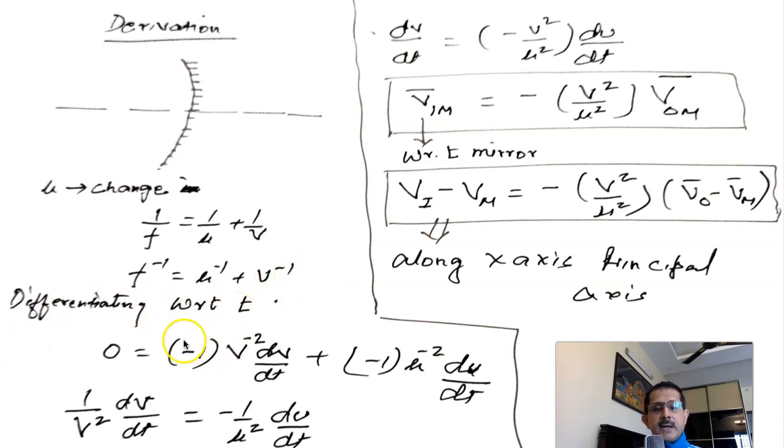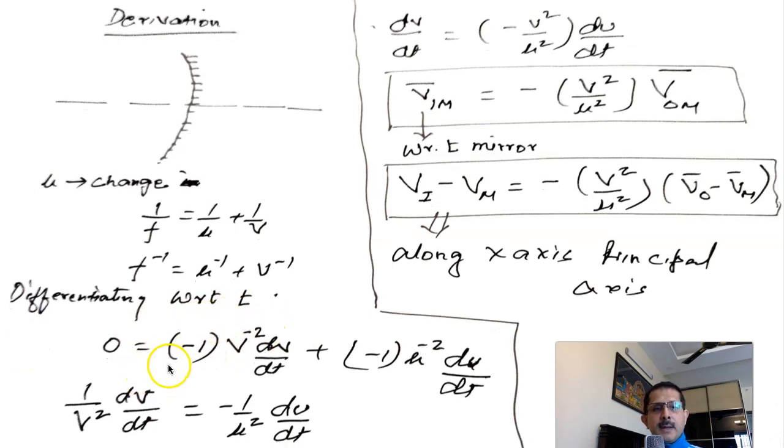If we differentiate it with respect to time, remember focal length is a constant. So if we differentiate it, it will become 0. If I differentiate this, it becomes, basically I have written it here, u to the power minus 2 into minus 1.